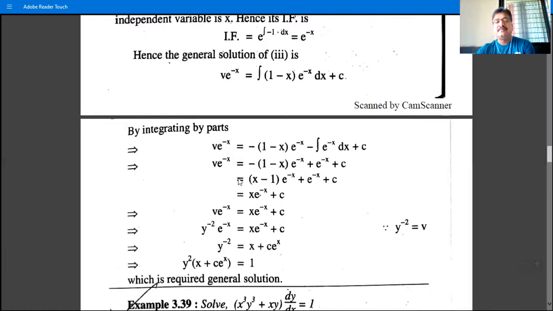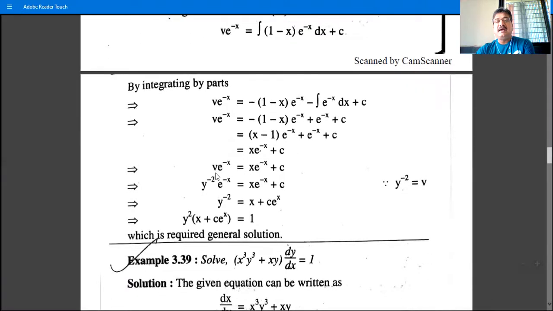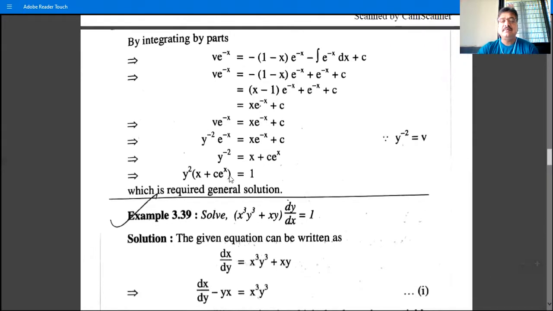Then substitute v as y raised to minus 2. The simplification is this, and substituting v as y raised to minus 2, we have the general solution of the given differential equation.